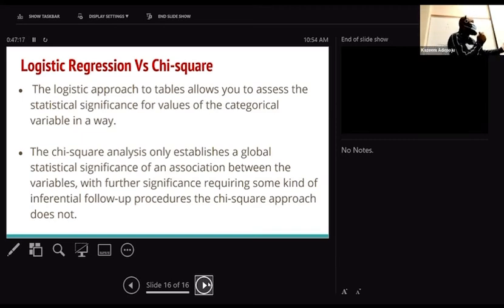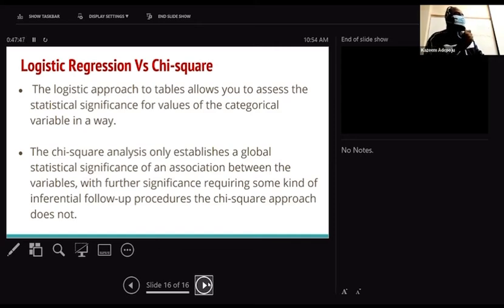What I've done today is basically showing you the method that we use in analyzing categorical variables, the situation where the response variable is categorical and the predictor is categorical. The example today is for 2x2, two levels of response and two levels of predictor.